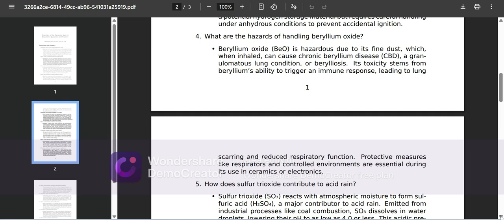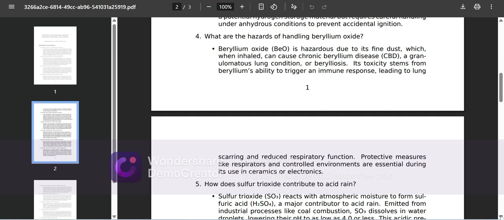What are the hazards of handling beryllium oxide? Beryllium oxide is hazardous due to its fine dust, which when inhaled can cause chronic beryllium disease, a granulomatous lung condition, or berylliosis.